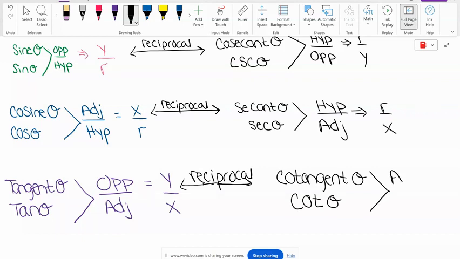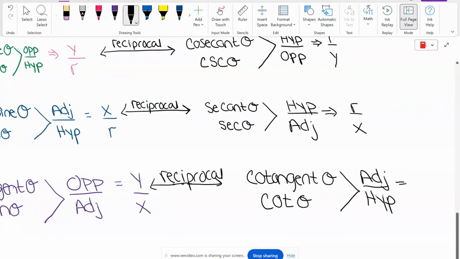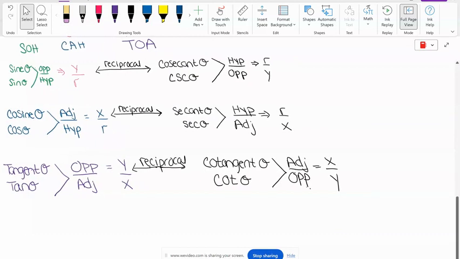That is going to be the adjacent over the opposite, thank you. According to our right triangle, that will be x over y. You want to have all of these memorized.